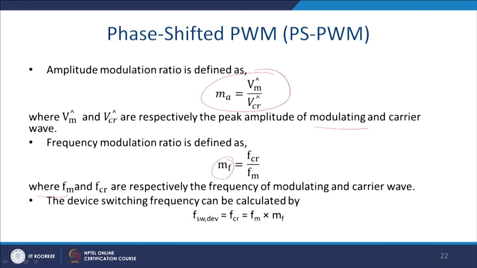The device switching frequency can be calculated as equal to the carrier wave frequency, that is the modulating frequency into Mf. Generally, it has to be a multiple of it, otherwise interharmonics will come. So, for this reason we require to avoid that.